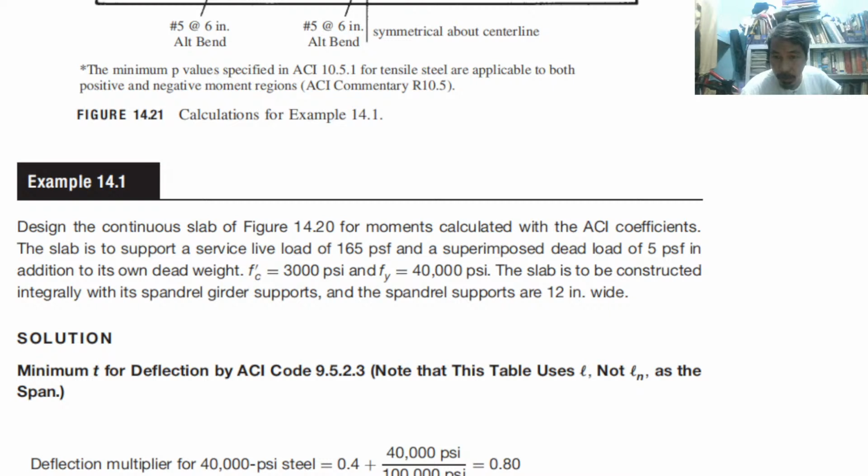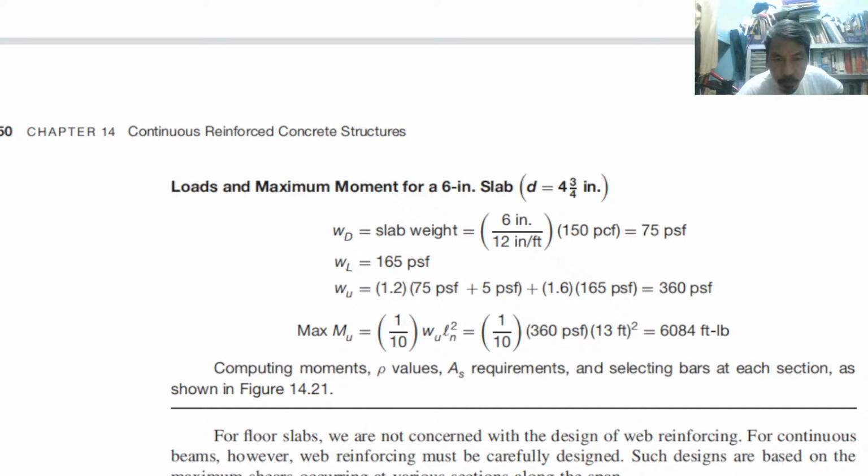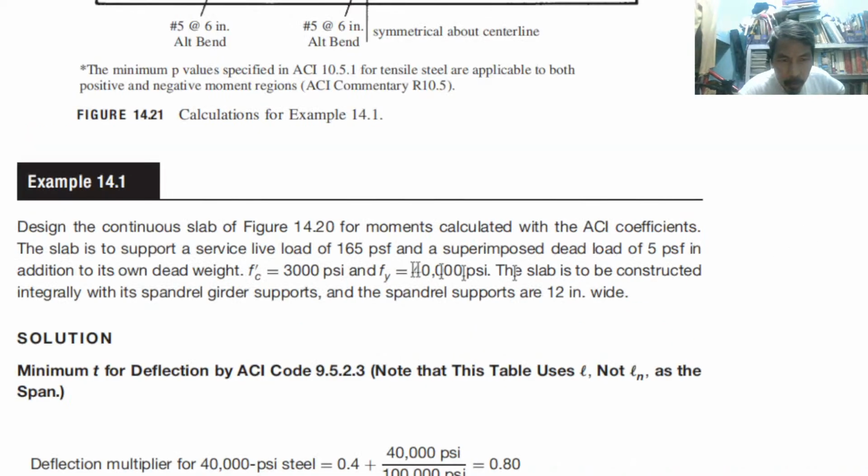So we have the given here. Don't be confused. Dead load is the pipe in addition to its own weight. So live load 165. Do we have 165 here? 165.